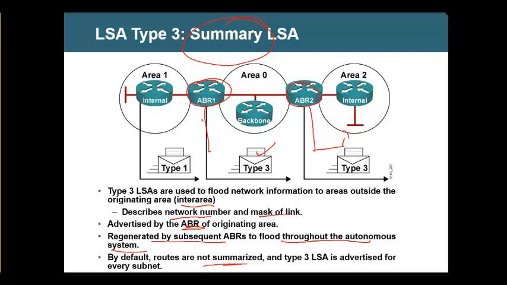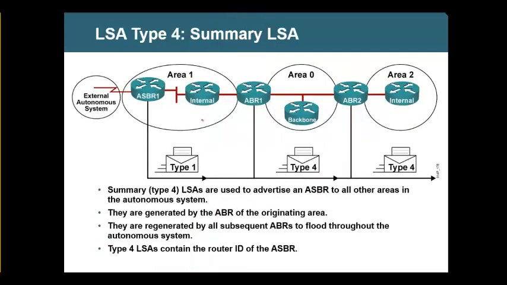Next is type 4. Please understand, type 3 LSA is called a summary LSA because it is originating from the ABR. The ABR is the place where we do summarization. Same reason for the next.